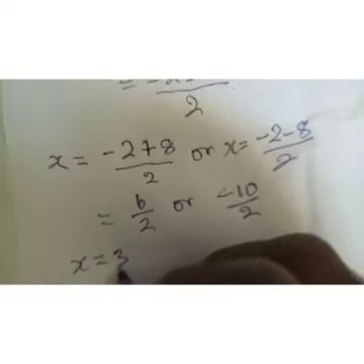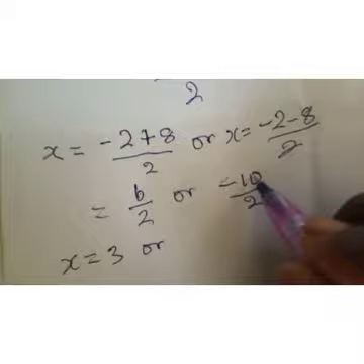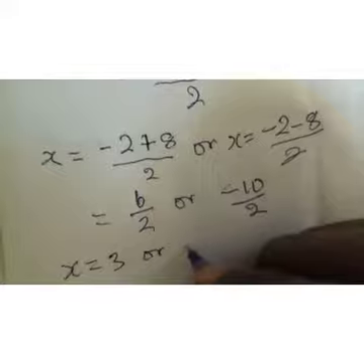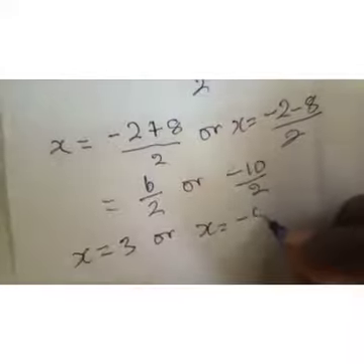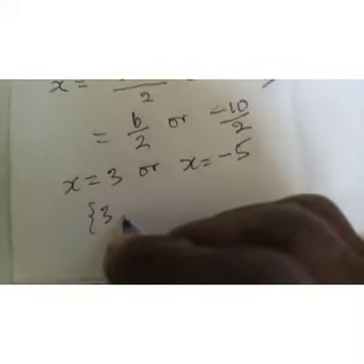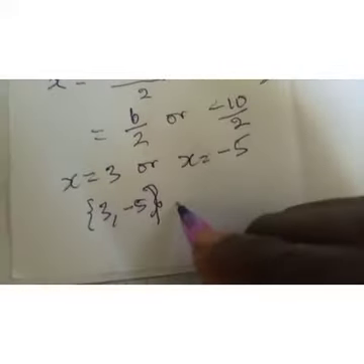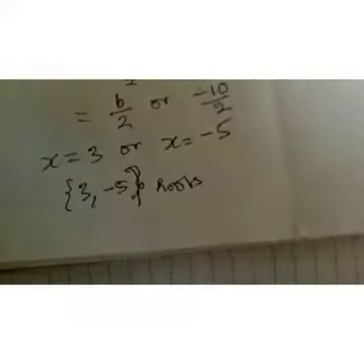It will be 3, or 6, then negative 10 divided by 2 gives us x equals negative 5, which means the roots are 3 comma negative 5. These are the roots.